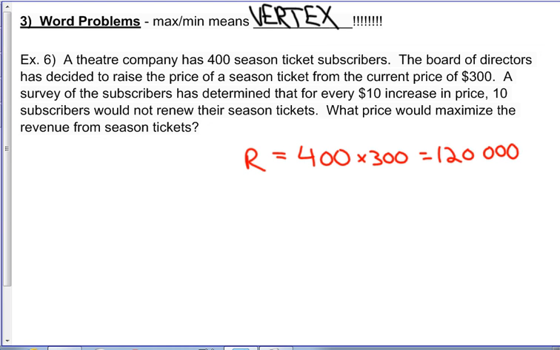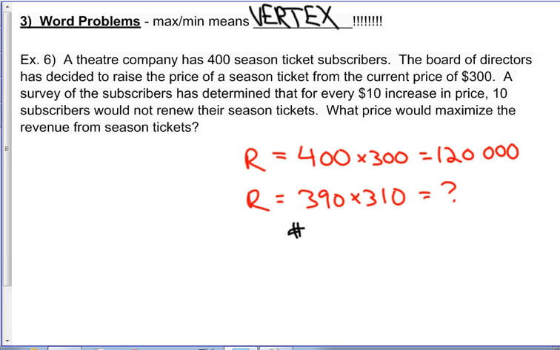Now, if they increase the price $10, then they'll have 10 fewer subscribers, equals something. Now, we don't want to work this out with brute force. You're not given full marks on a constructed response question by using just brute force rather than an analytical approach. But this does give us some idea of what's happening.